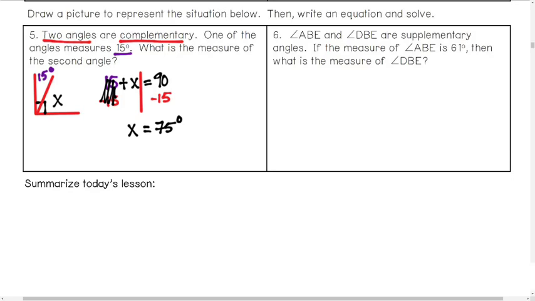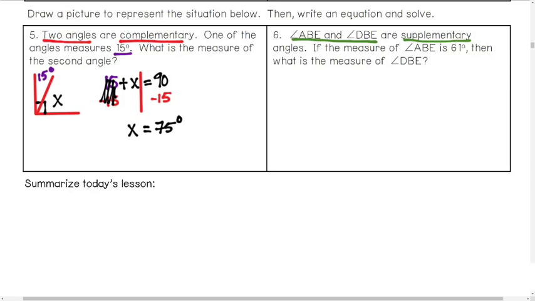Last but not least, number 6. Angle ABE and angle DBE are supplementary angles. If the measure of angle ABE is 61 degrees, then what is the measure of angle DBE? Well, there's a lot to this one, but starting out, they're supplementary. So if they are supplementary, that means that when combined, they form a straight angle.